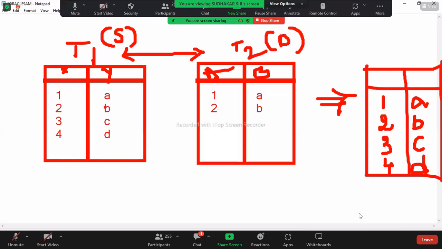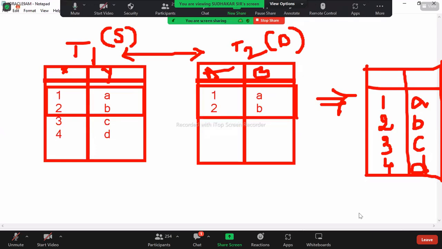So in the source table, wherever matching rows are there, those matching rows will never be affected. But the matching rows in your destination table will be overridden.